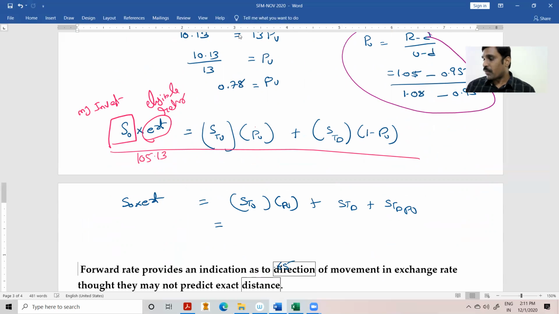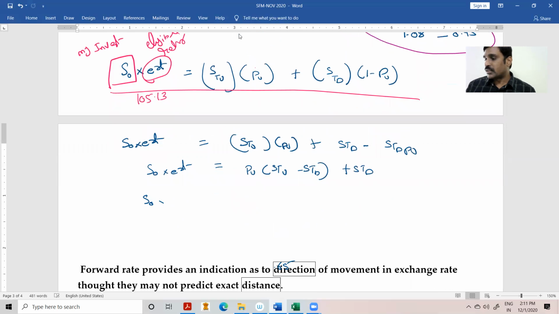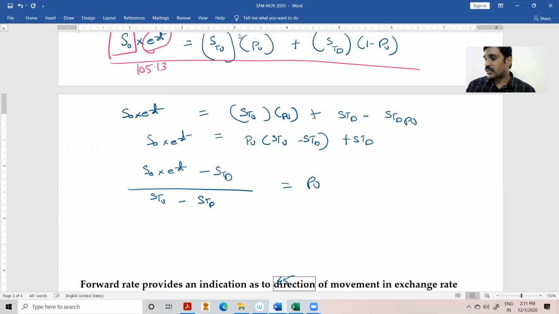Here if you take the common PU, you get STU minus STD, and this will be STD plus S0 into e to the power of RT. So S0 into e to the power of RT minus STD, divided by STU minus STD, is equal to PU.